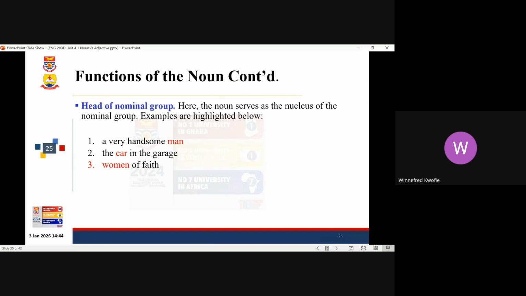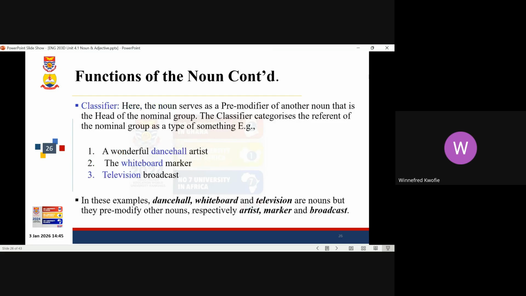And so this indicates the function of a noun where it serves as the head of a nominal group. So in each of these sentences, the noun highlighted in red is functioning as the head of those nominal groups.